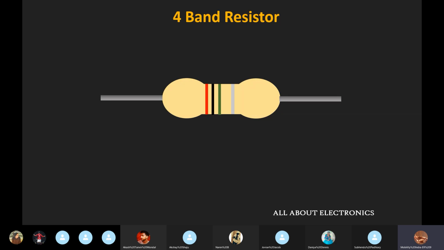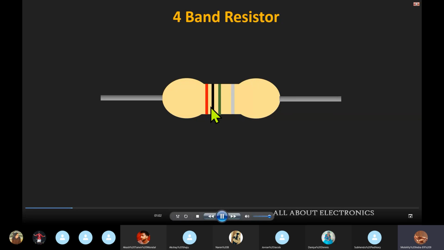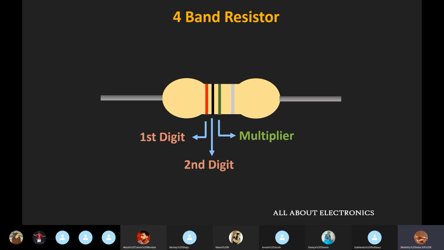If you see any 4-band resistor, you will find 4 color bands. The first 2 bands define the first 2 digits of the value of the resistor. The third band defines the multiplying factor, and the fourth band defines the tolerance value. Depending upon the color of the band, the value of the resistor will change.